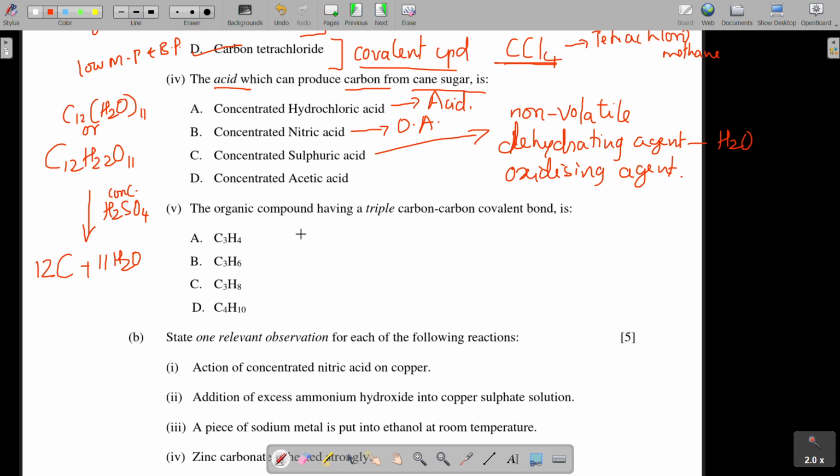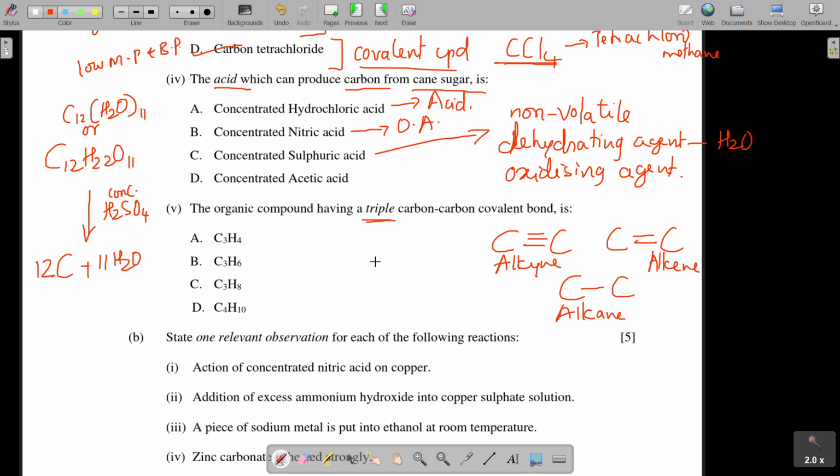Next question, the organic compound having a triple carbon-carbon covalent bond, C≡C. This is a carbon-carbon triple bond. If there are two lines, it means a double bond. A single line represents a single covalent bond. So to know this, you should remember the general formula: if there is a single bond, this is called alkane, this is alkene, this is alkyne.